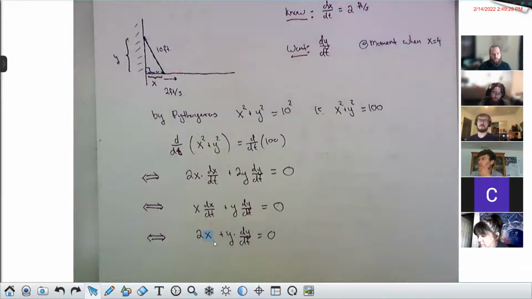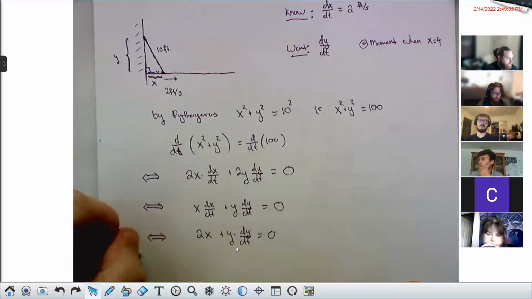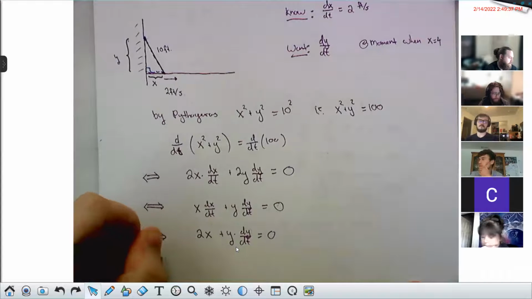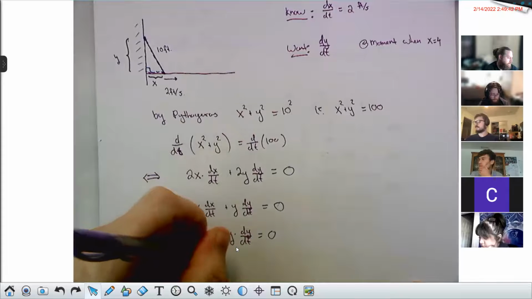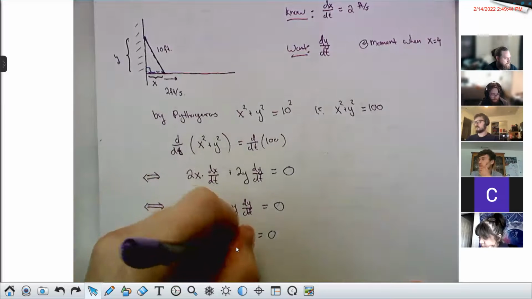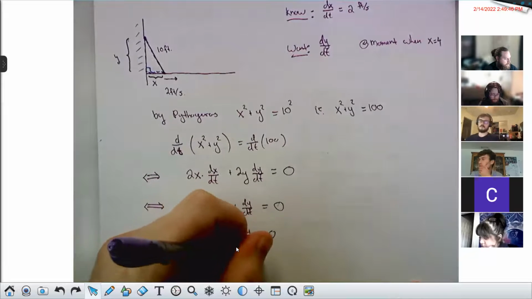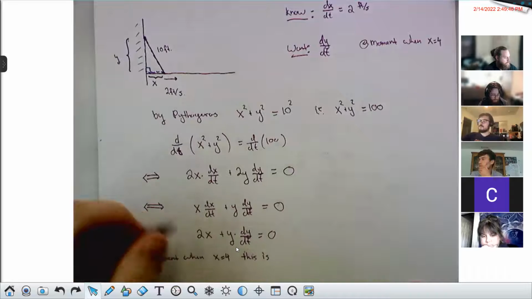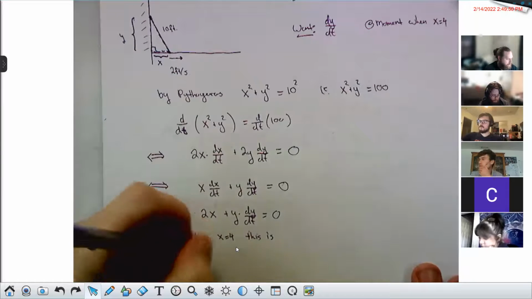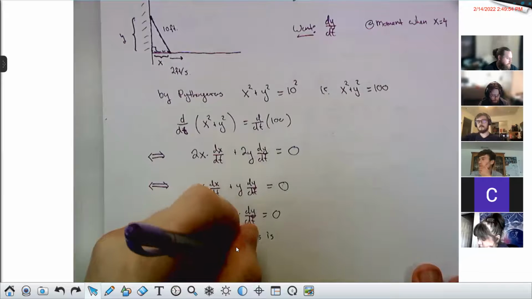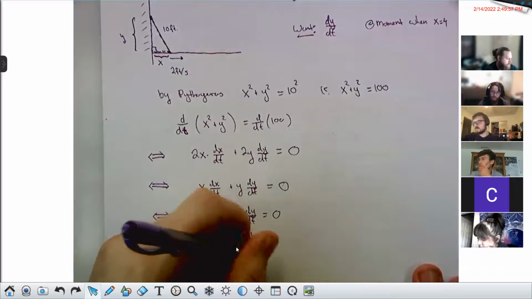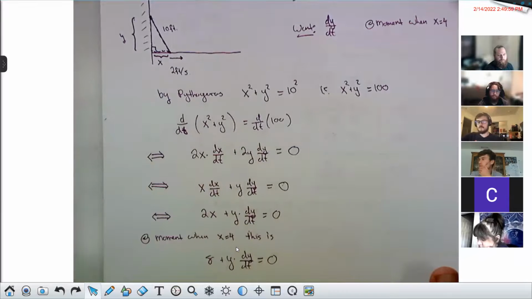So I could plug in 4 for x, but then there would still be a y left over. So what we need to know, at the moment when x equals 4, this becomes 2 times 4, which is 8 on a good day, plus y times dy/dt equals 0.